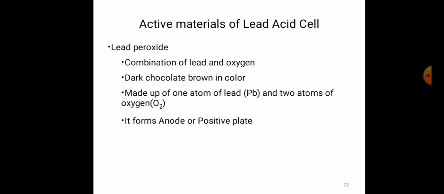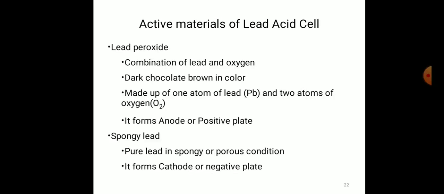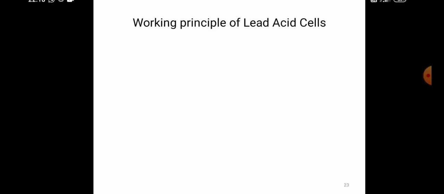The lead peroxide forms the anode or positive plate. The next one is spongy lead, which is nothing but pure lead in a spongy or porous condition. The spongy lead forms the cathode or negative plate.